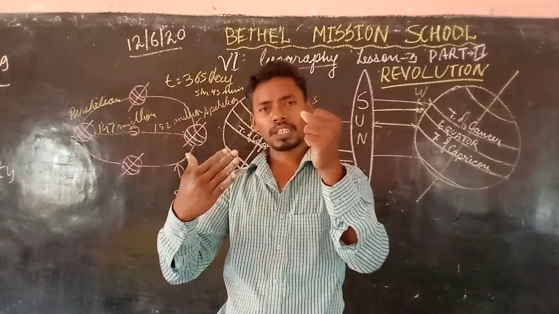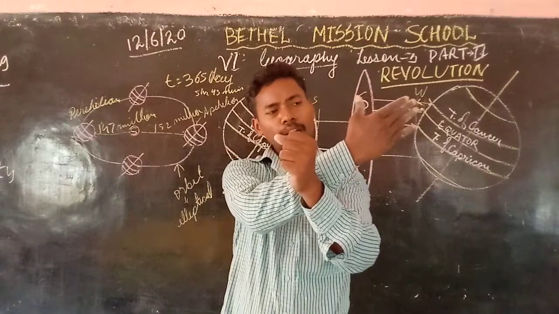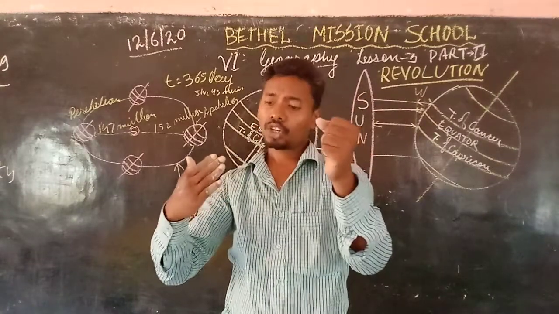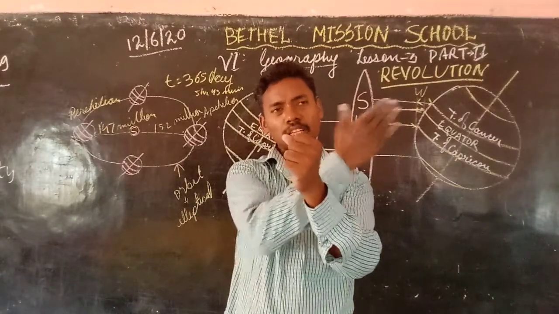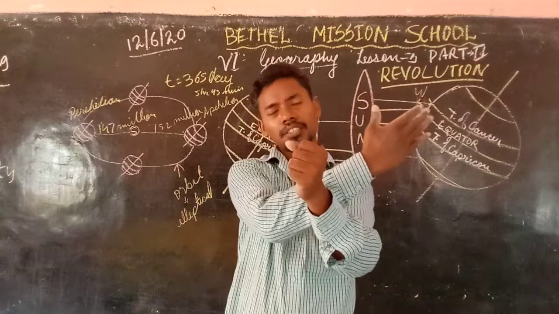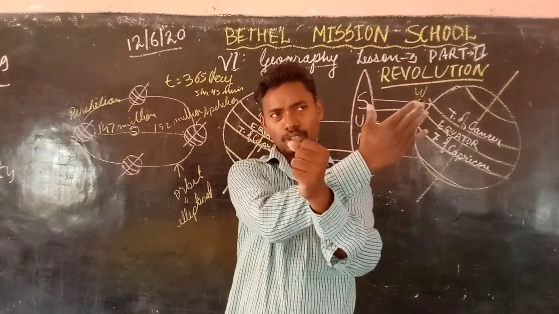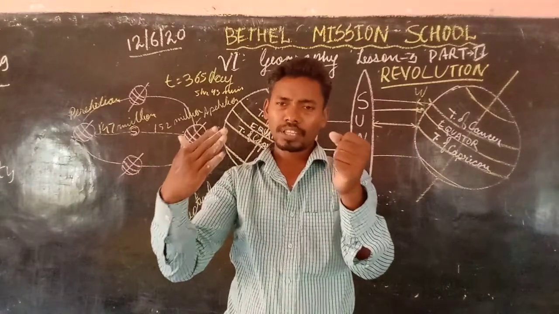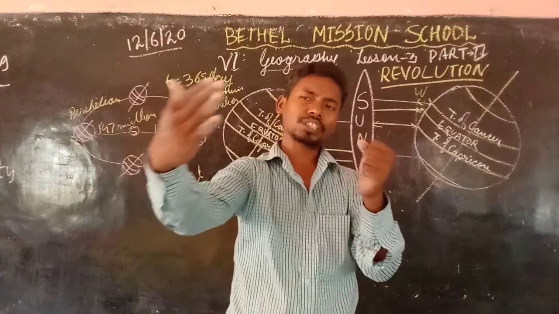It is facing the sun. And now you see that the back portion is facing the sun. Here the top portion is facing the sun, and here the back portion is facing the sun. That means it is summer in this portion, whereas this time it is winter in this portion and summer in this portion.